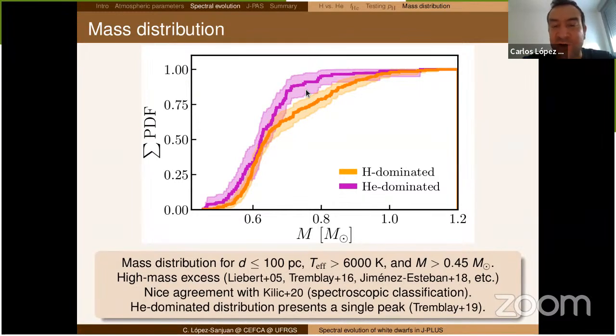So we found that helium dominated and hydrogen dominated have different distributions in mass at the 3 sigma level. This was also reported in the literature, and again, that makes us more confident in all our results about the spectral evolution, because our classification is providing meaningful results in all the tests that we perform.